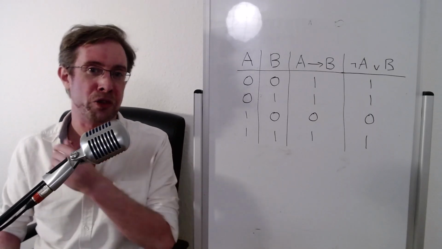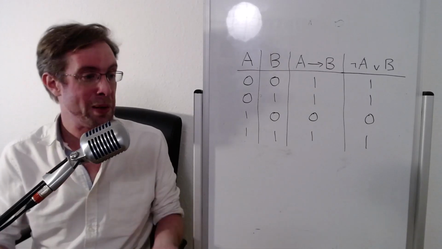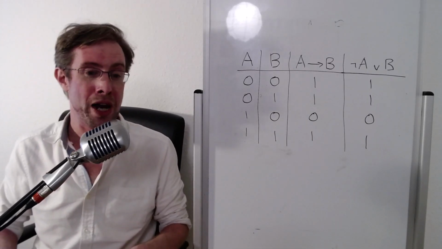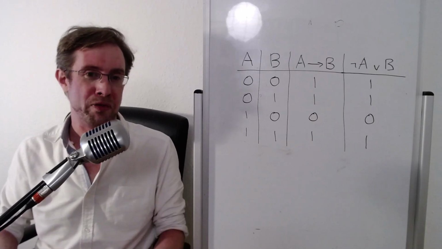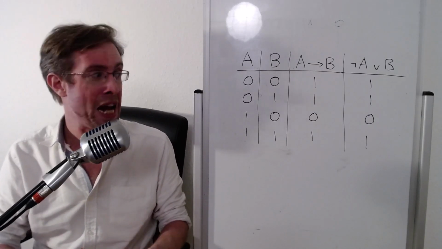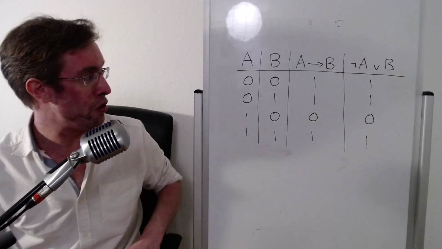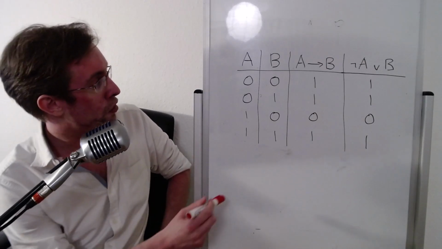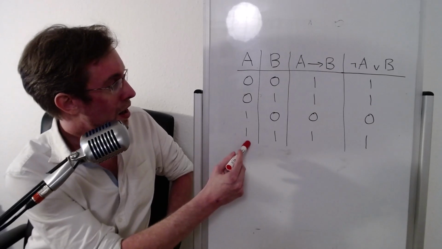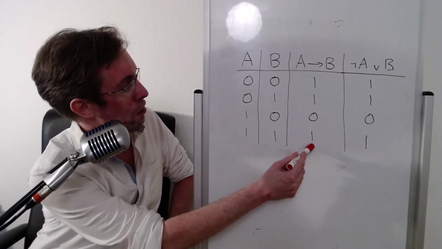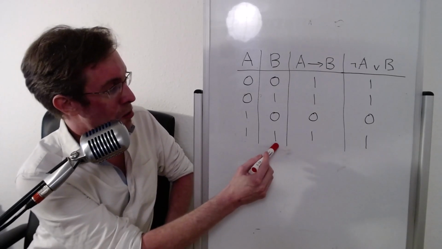So for example, you definitely want B to be true in all the situations where you have A and A implies B. For sure, if you have A and A implies B, then you need B to be true as well. So that justifies, for example, the fourth line where you have A and you have A implies B, and so you definitely want B to be true here as well.